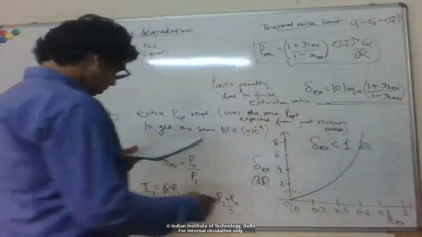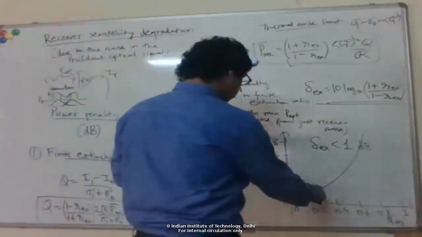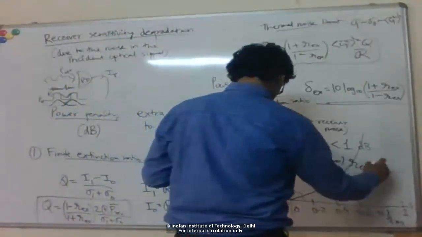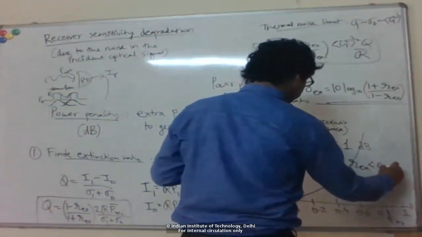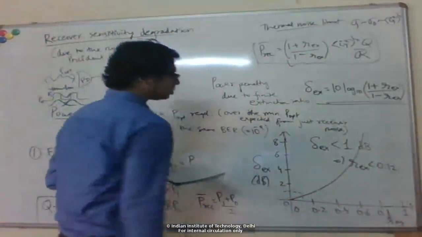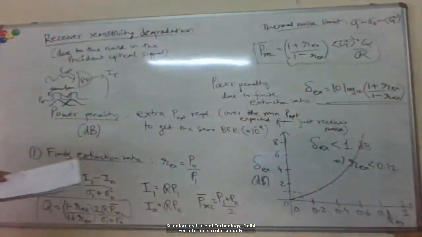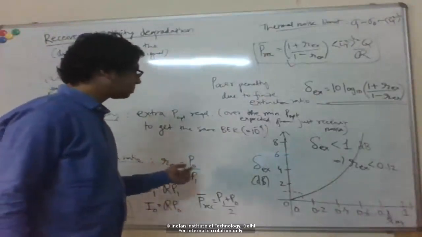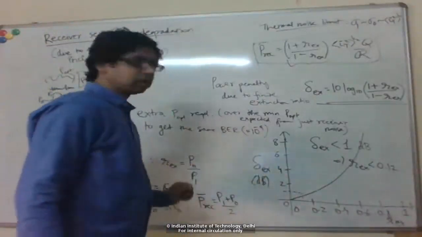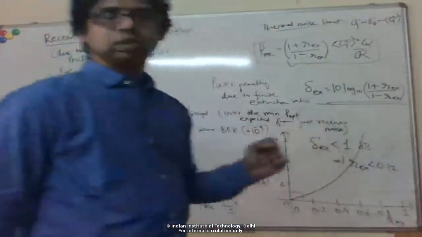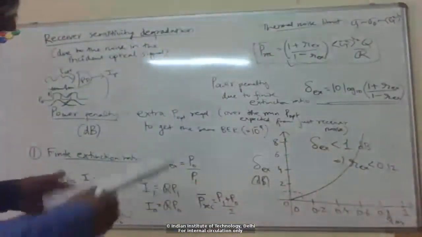If you want to do that, from here you can see that the extinction ratio has to be less than 0.1. So the amount of power you receive in bit 0 at max can be 10% of the power received in bit 1, if you want to keep this power penalty lower than 1 dB.